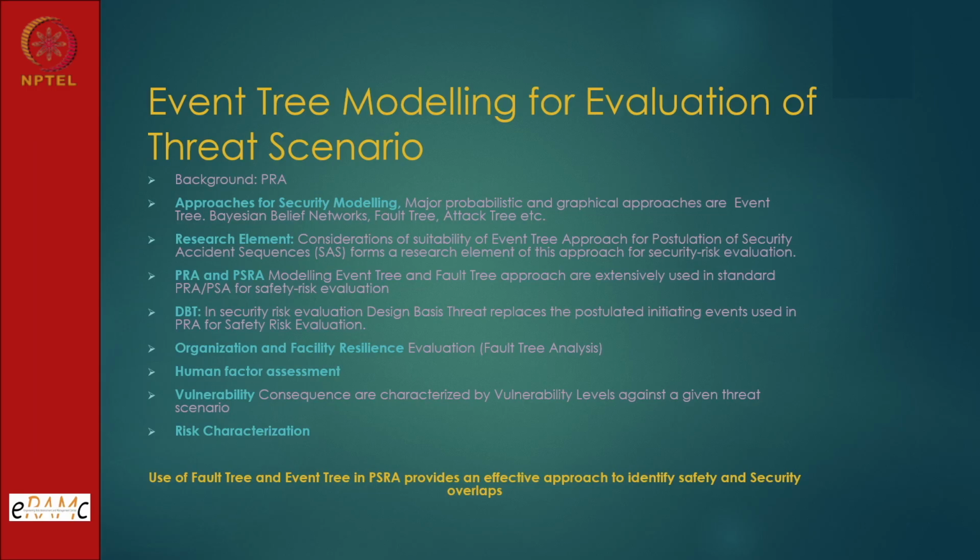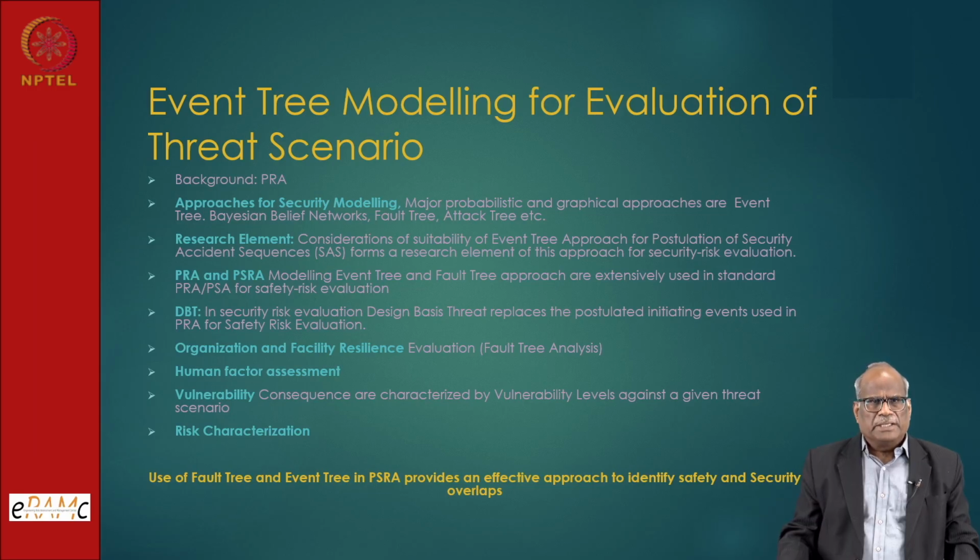Now in this lecture we will be discussing event tree modeling for evaluation of threat scenarios. The background is probabilistic risk assessment. The event tree is a graphical approach, and the header events reflect all the protective or safety systems, while the event on the left side is the threat event for security, the initiating event for safety.